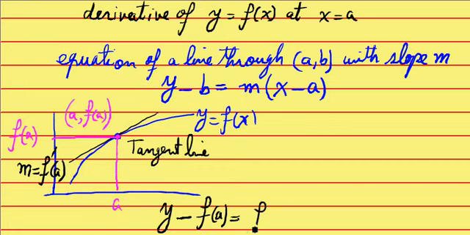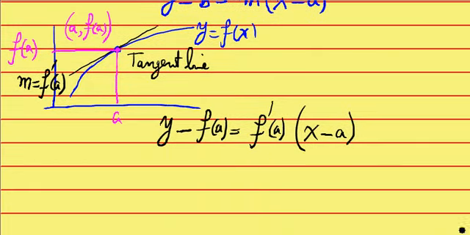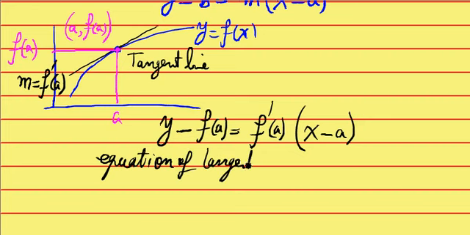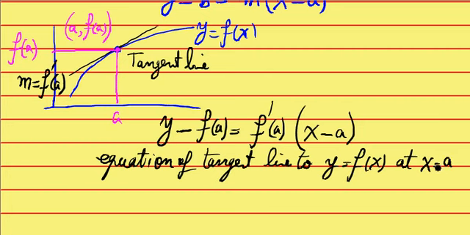Well, it's f prime of a times x minus a, the x of the point. So this is the equation of the tangent line to y equal to f of x at x is equal to a.